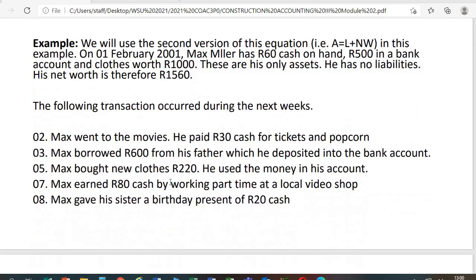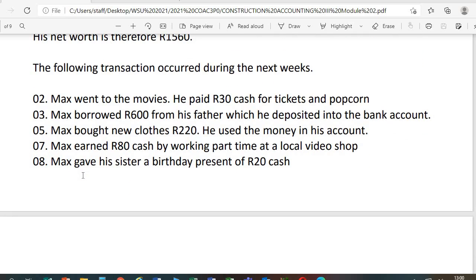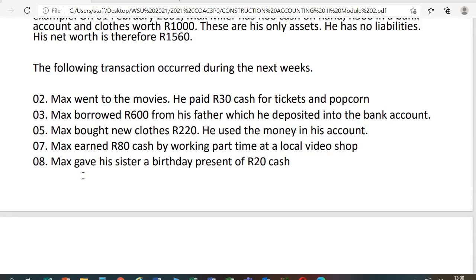On the example above, we will then create a spreadsheet on which the following transactions happened, from this date up until the last date given. This happened. Max went to the movies. He paid 30 Rand cash for tickets and popcorn.